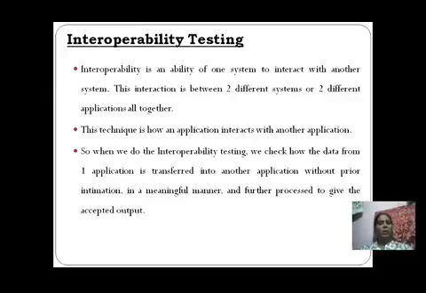So when we do interoperability testing, we check how the data from one application is going to be transferred to the other application. When they are transferring the data, there is no prior intimation, and that data should be transferred in a meaningful manner, and will be used or further processed to give the accepted output. So that is interoperability testing.